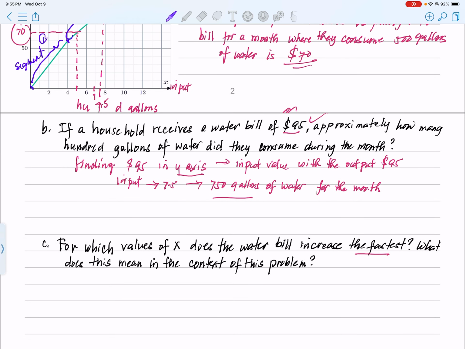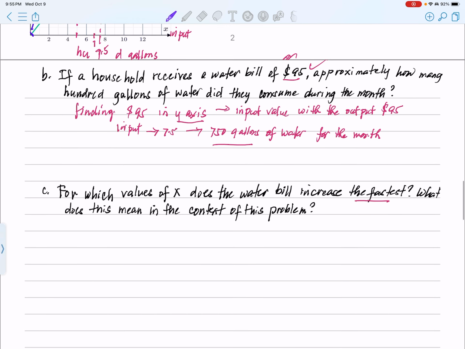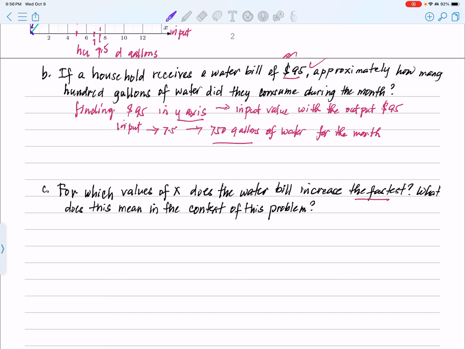Let's use the rise over run, since we are looking for the rate of change. Rise over run is the change in y over the change in x. We can use y2 minus y1 over x2 minus x1. So let's say I have segment 1.